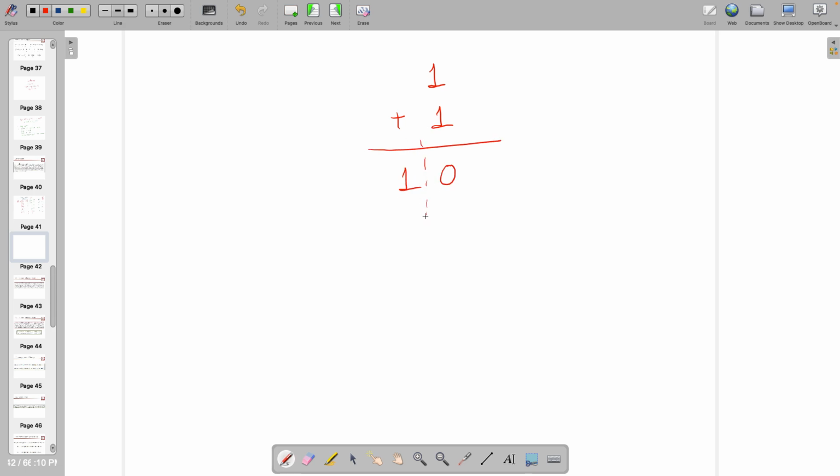We have only one bit available, so we are dropping this. However, the actual answer is the total, 1 0. 1 plus 1 is equal to 1 0, where this 0 I am going to treat as the sum and this 1 as the carry. In future we are going to use it for many other purposes.